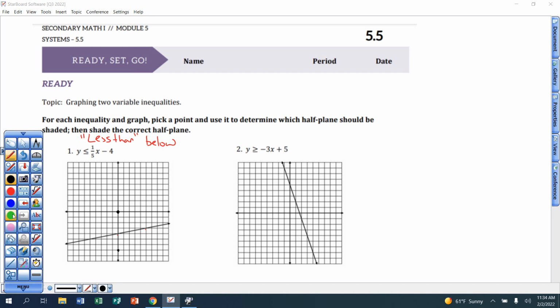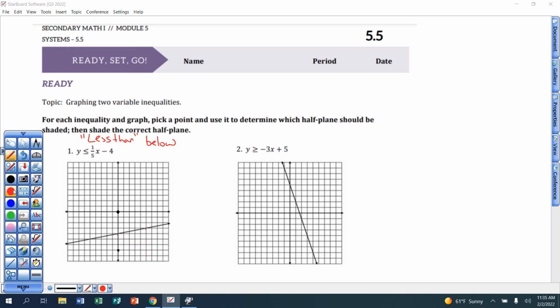But the way I'd like you to do it a little quicker, let the inequality tell you. If it's less than, shade below the line. If that inequality would have been the more than direction or equal to, solid would have been above the line. So know that. Less than, below, more than, above.